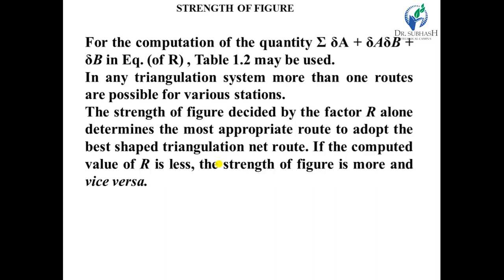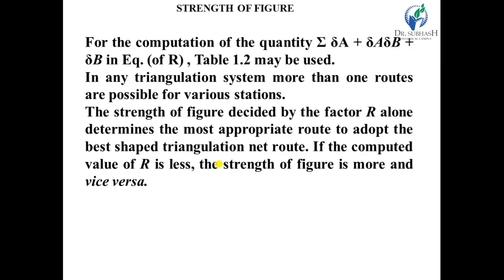Now for the computation of the quantity delta A square plus delta A into delta B plus delta B square in the equation of R, table 1.2 may be used. In any triangulation system, more than one route is possible for various stations. The strength of figure is decided by the factor R alone.